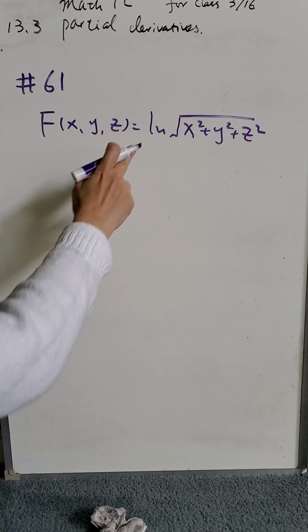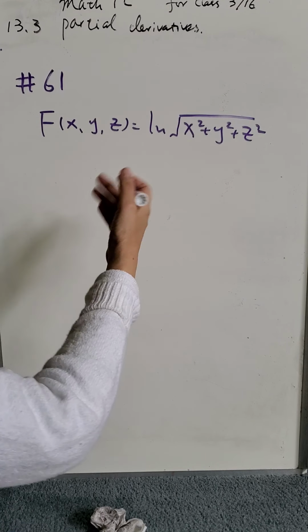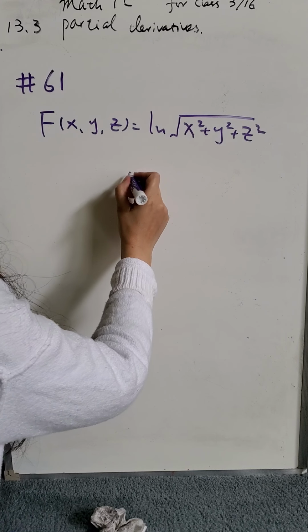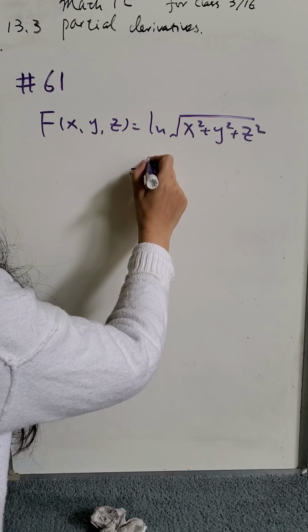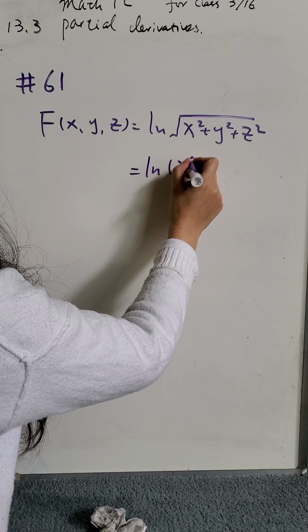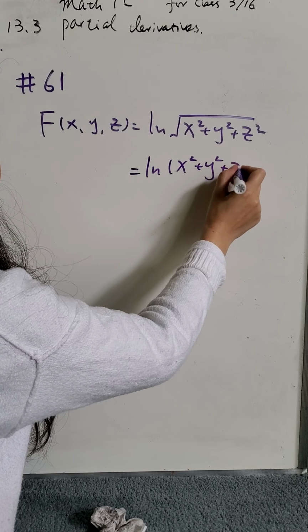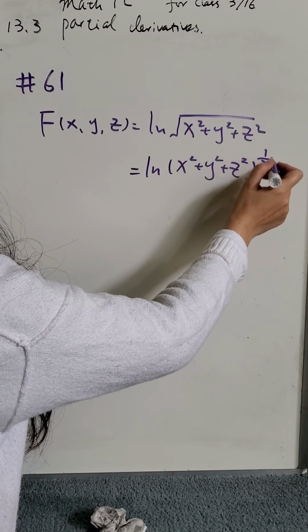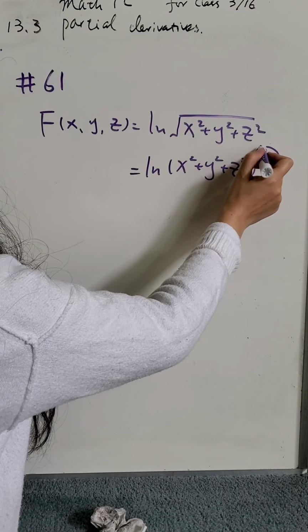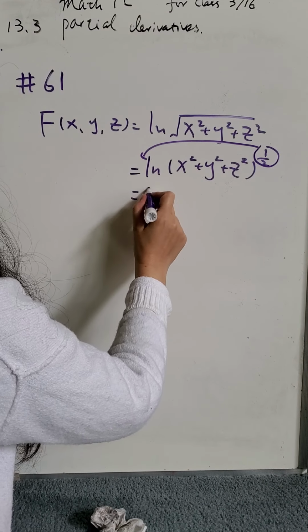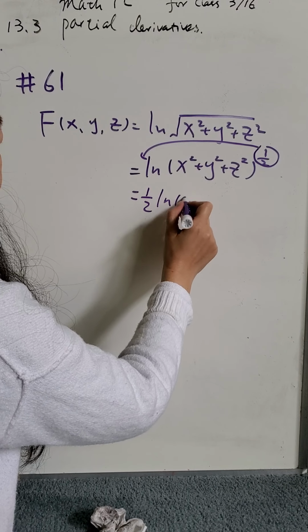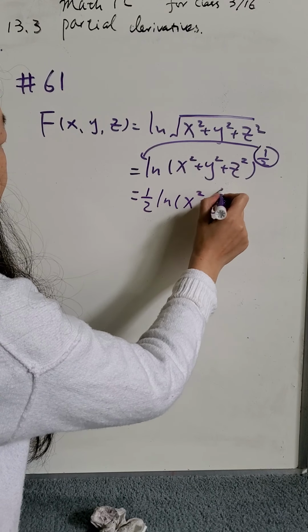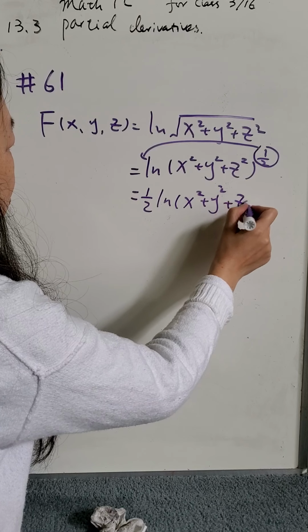When we see the ln, the best way is to simplify first. So make this ln of (x squared plus y squared plus z squared) to the power 1/2, and then we put the 1/2 in front of it. This goes to the front. That way you don't have to have the square root.